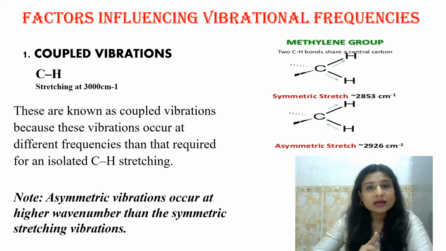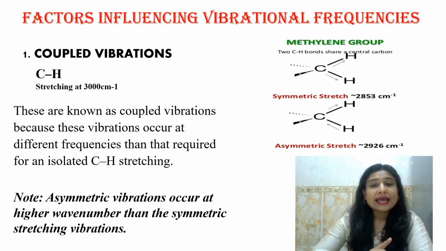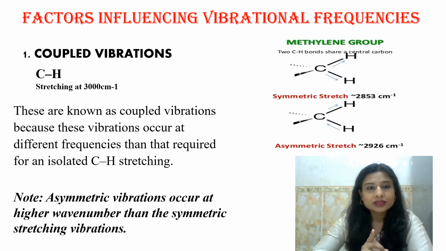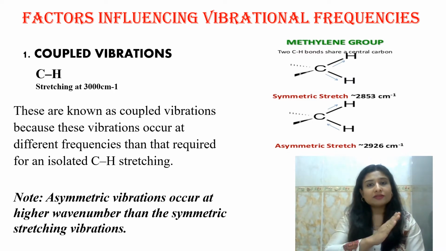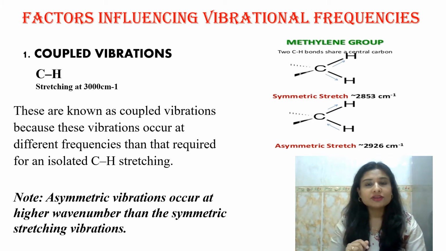Asymmetric vibration appears at higher wave number and symmetric vibration appears at lower wave number. Okay, so this is the case of coupled vibrations where one absorption band actually appears one above and one below the actual wave number.